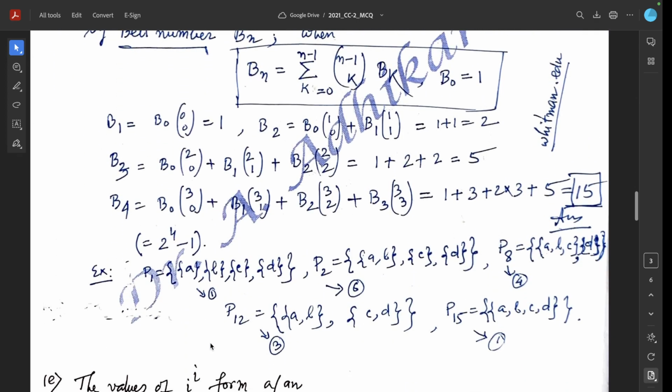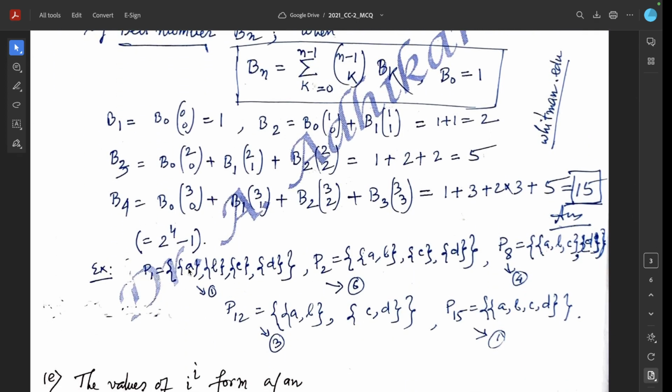And for this example a, b, c, d: partition P1 has only singleton sets a, b, c, d, and this type is only 1. P2 type sets, there are 6: ab, ac, ad, bc, bd, and cd. And P8 type, this abc, 3 elements combined, and this singleton set d, this type of partition is 4.